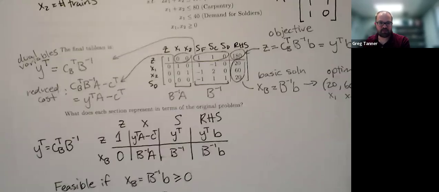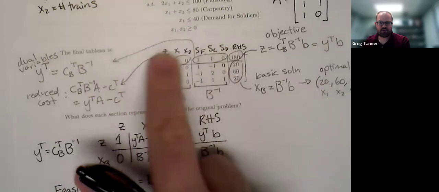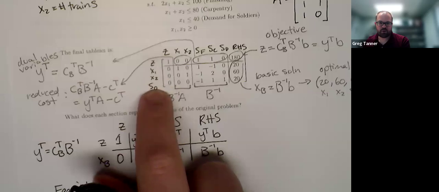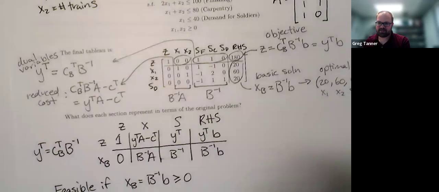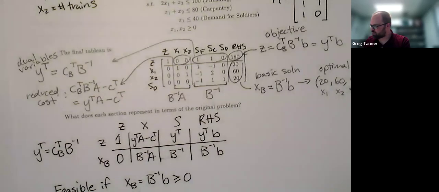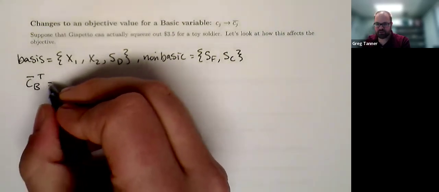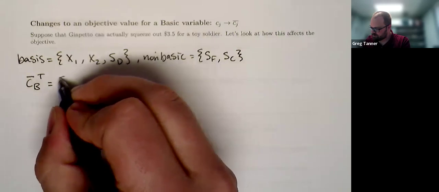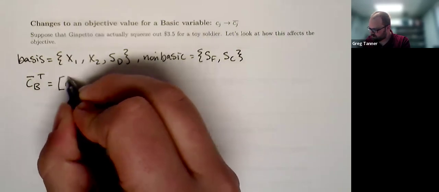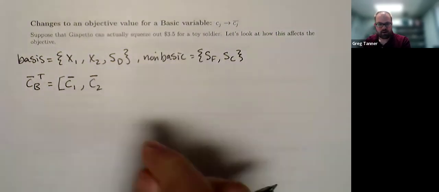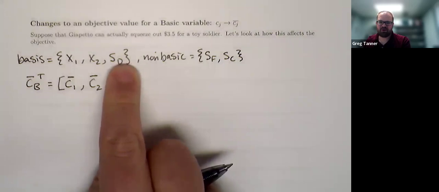And so looking back at this problem, the final tableau here, our basic variables are ordered row-wise as x1, x2, and SD. In this case, we're not considering Z as part of it because it's its own separate thing. And so our CB transpose vector is going to be C1, and if we change it, we'll put a bar on top of it, C2 bar, and then our slack variables don't have any original cost to them.